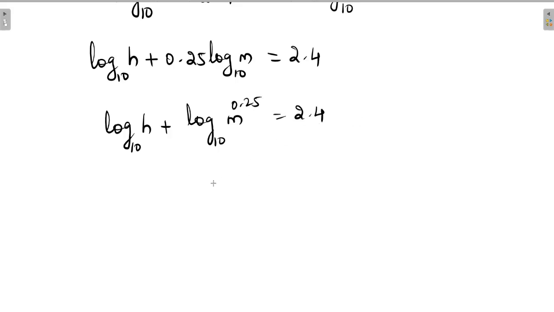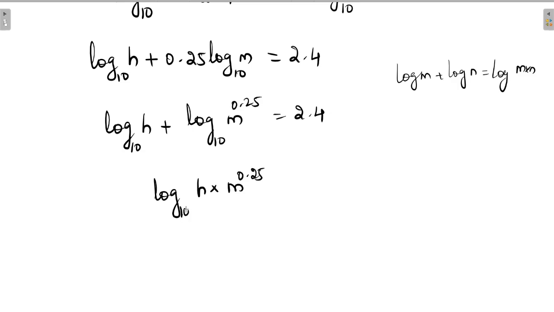Now we can use the logarithm rule: log m plus log n is equal to log of m times n. So here log of h times m power 0.25 to the base 10 is equal to 2.4. Now we can remove the logarithm. So h times m power 0.25 is equal to 10 to the power 2.4.